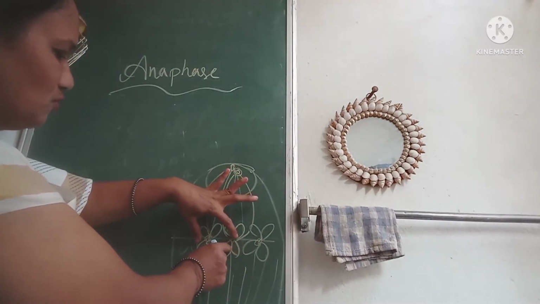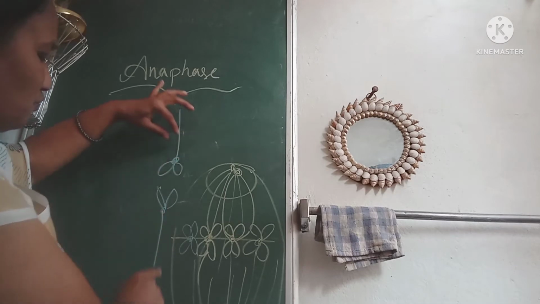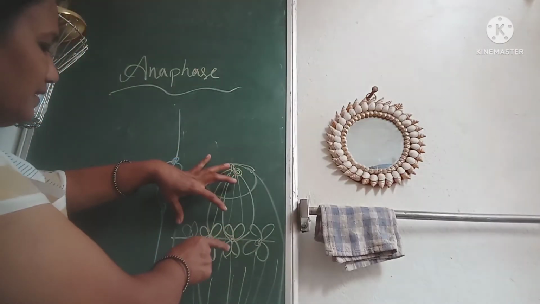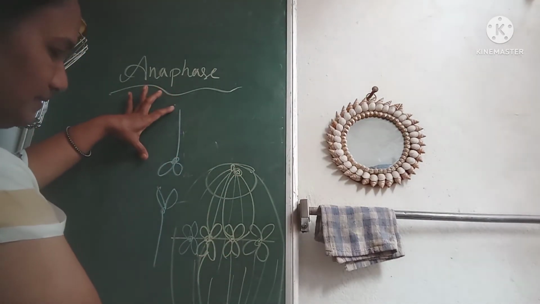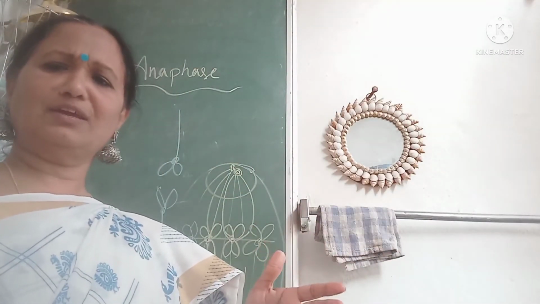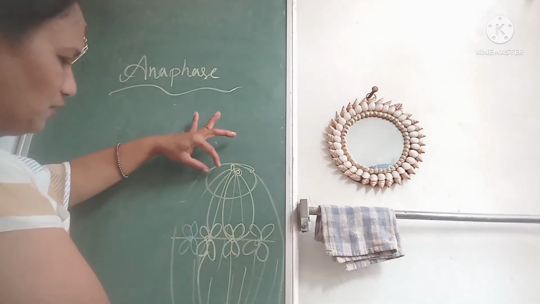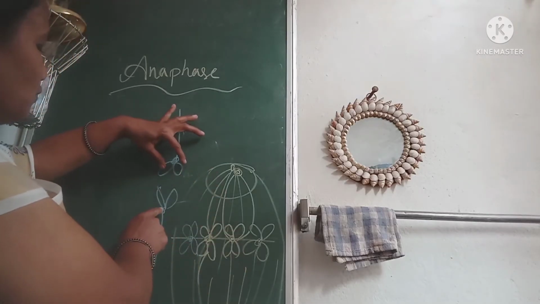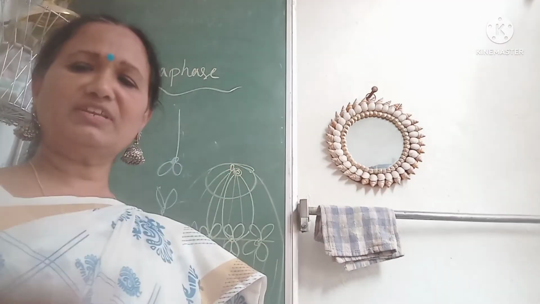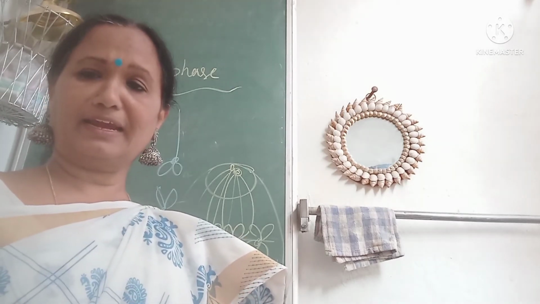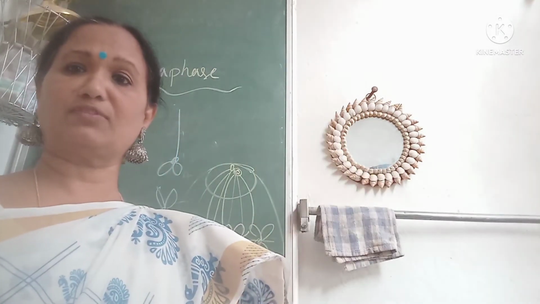There are two events in this anaphase. As each chromosome moves away from the equatorial plate, the centromere of each chromosome leads towards the poles and ends at the leading edge, with the arms of the chromosome trailing behind.